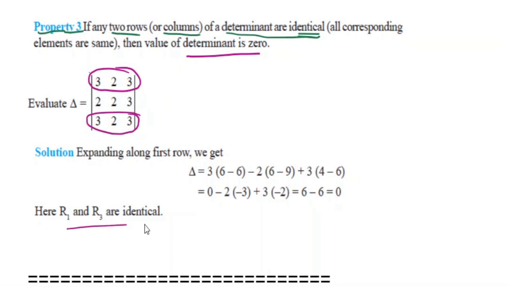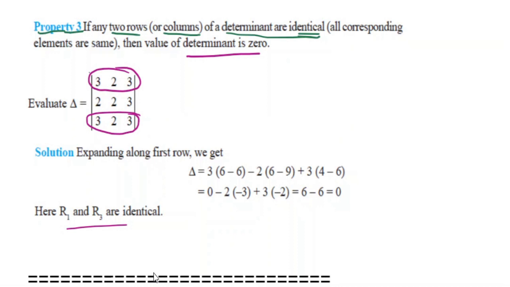So just by looking at the same or identical elements in two rows, you can come to a conclusion that the determinant will definitely give you 0. This is a very simple thing, and it can be either in the column or row. In this case, you have 3, 2, 3, 3, 2, 3.